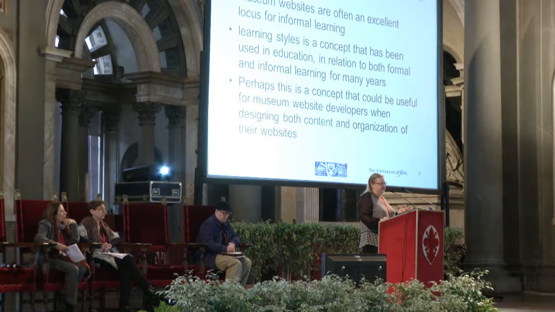That's been applied both in formal education and also in informal learning. And I wondered whether this was a concept that could help museum web developers personalize their content to suit the needs of different kinds of users, both the organization of the website and also the content of the website.